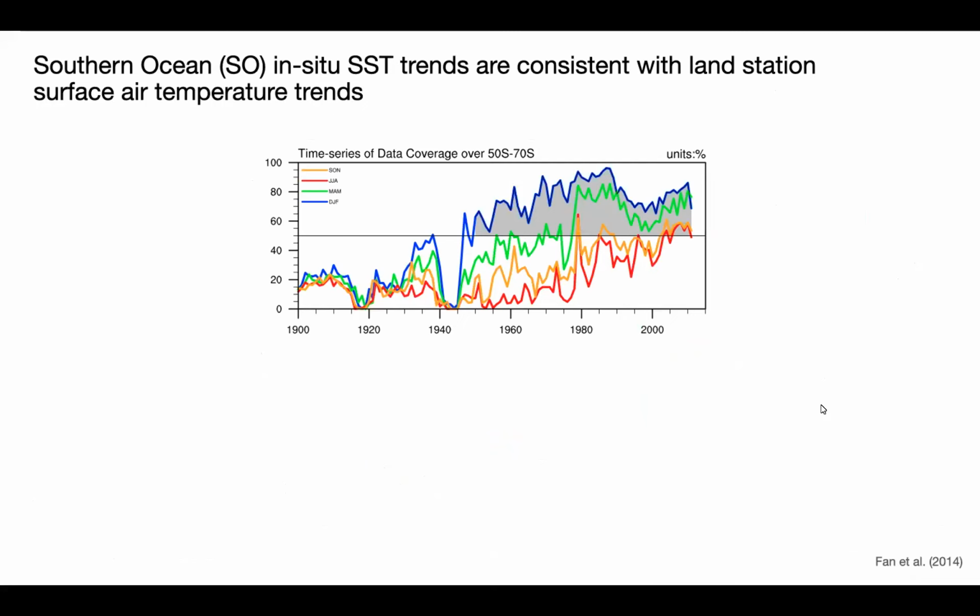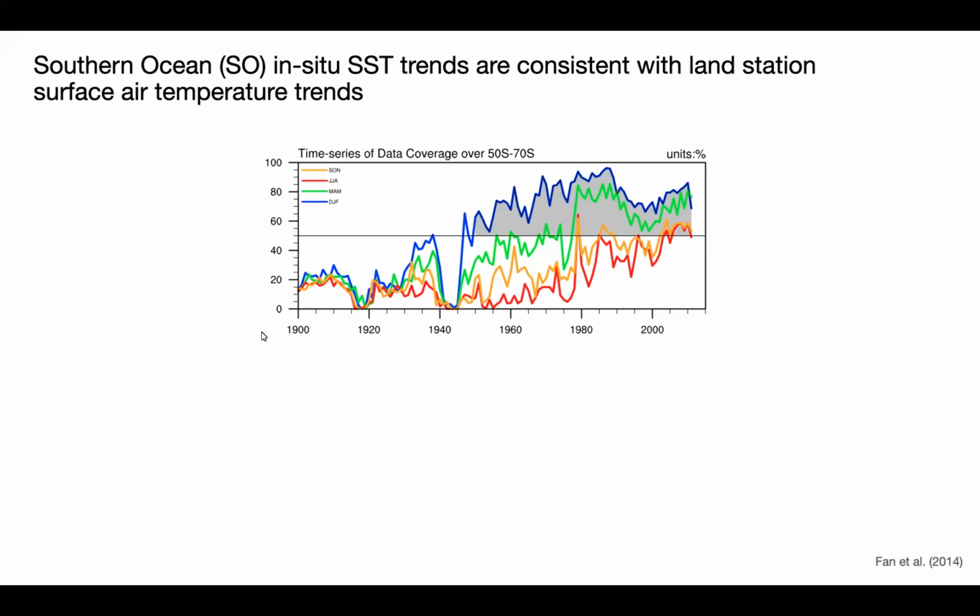first I will show you a time series of data coverage over the Southern Ocean. This is from a paper by Fan et al. 2014. And these are all in situ observations over the Southern Ocean, so either ship or buoy data. We can see that before 1950, we have very limited coverage.